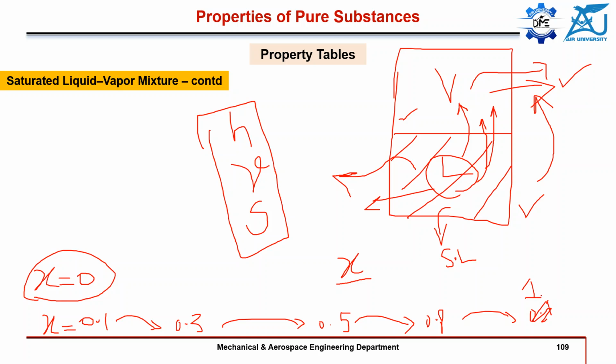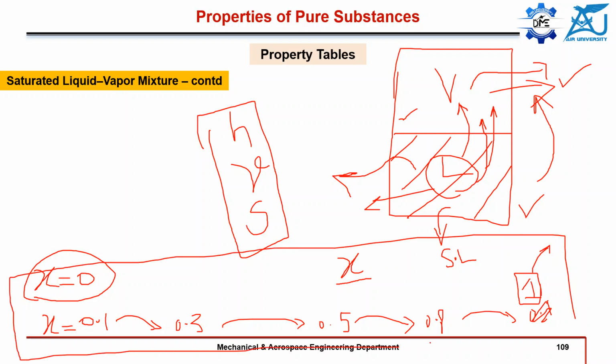When x reaches 1, it means that your phase change has completed. Now it is a saturated vapor. After adding more heat, we will get superheated vapor. Between this change of phase, the properties of this liquid remain the same. Similarly, the properties of this vapor remain the same, but this x is changing.